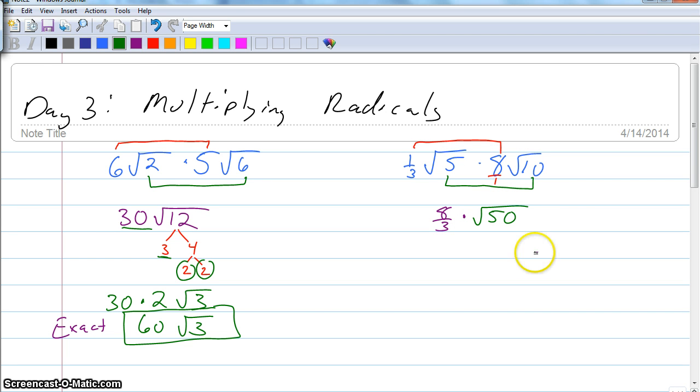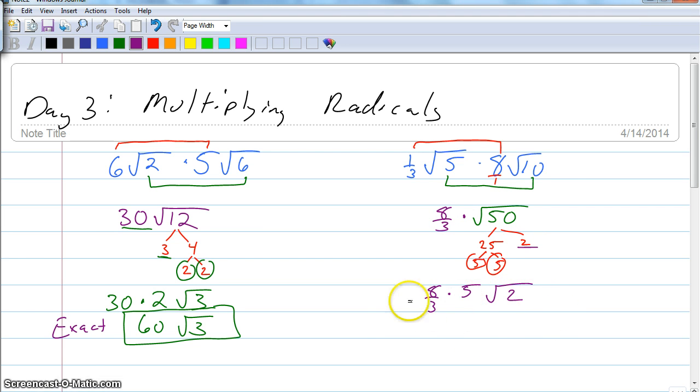All right, the question is though, does 50 break down any? So you make your tree. 25 times 2. And you got 5 and 5. So, we got a pair of 5s, obviously. But we have 8/3, because we already have that, times a 5 comes out, and a 2 got left behind in radical land.